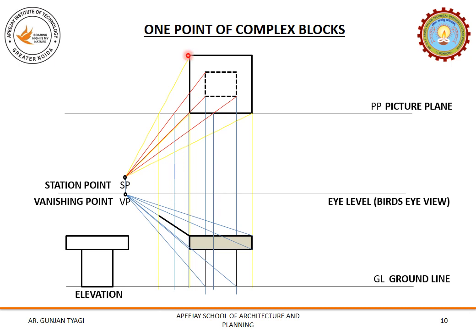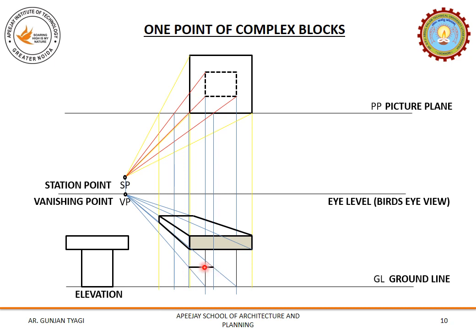What I did is that I joined this line from the station point and I extended this line from the picture plane till the ground line. Here I received the length, and after darkening the edges of the object, I have received the slab, as you can see. Now I have to know where the column lies.